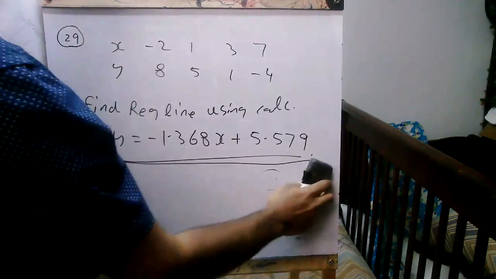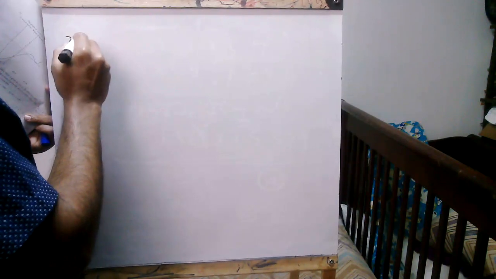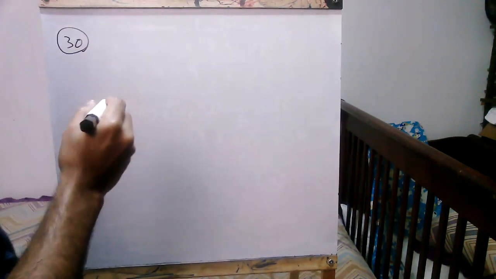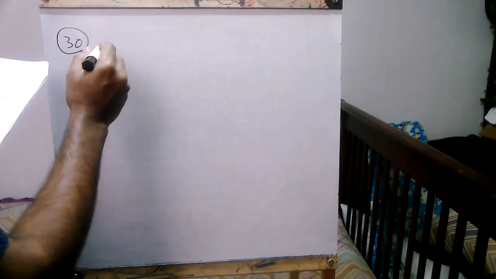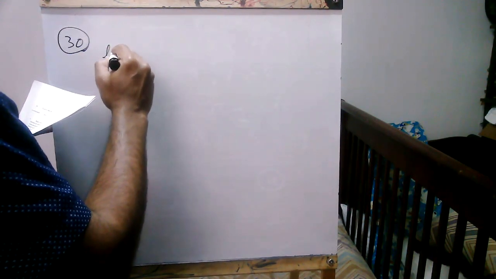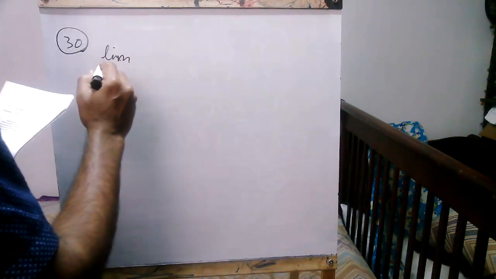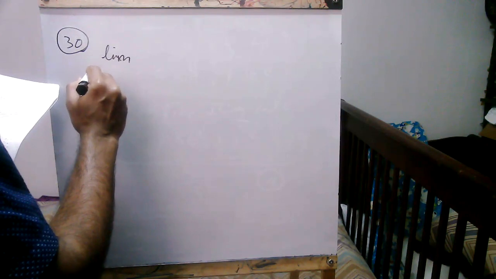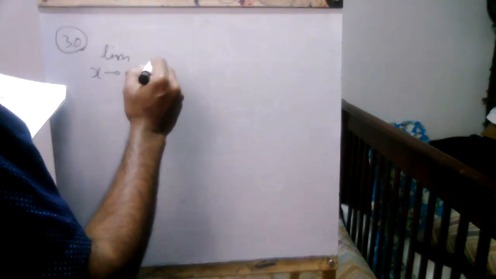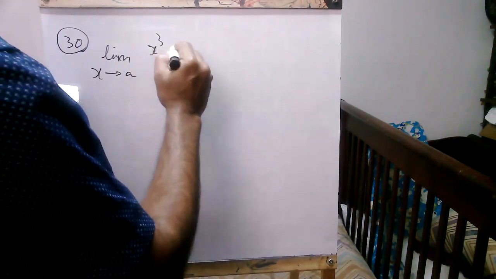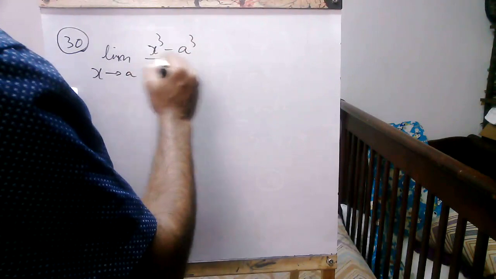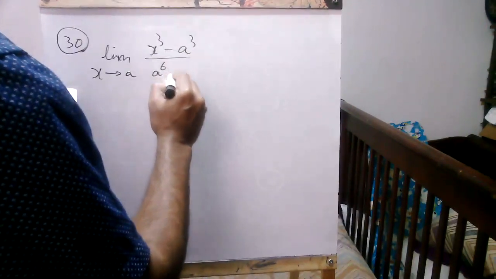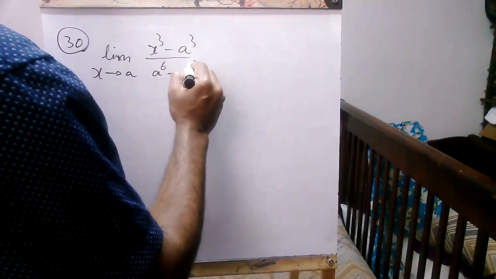30. If a not equal to 0, then the limit as x approaches a of x cube minus a cube divided by a to the power 6 minus x to the power 6.